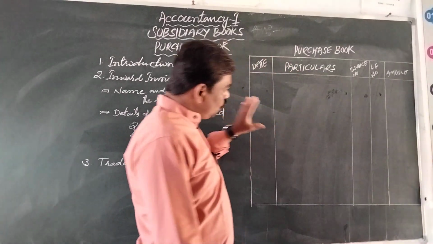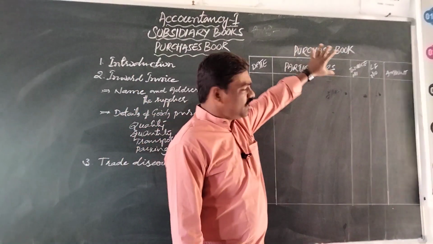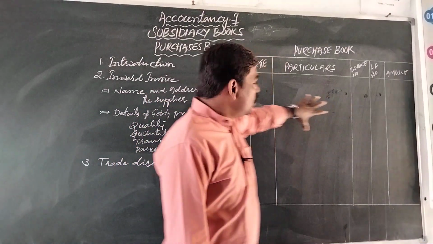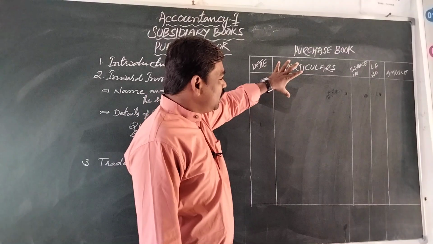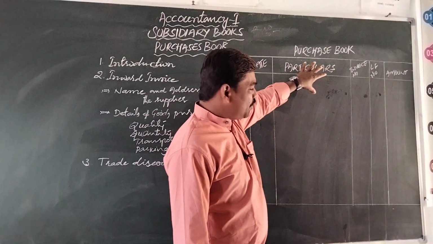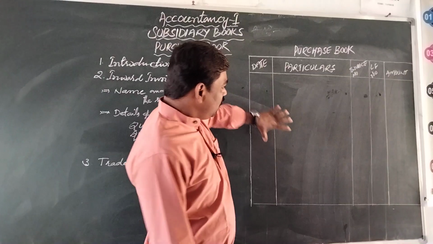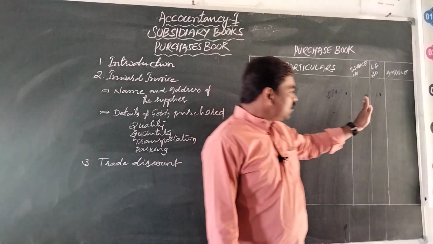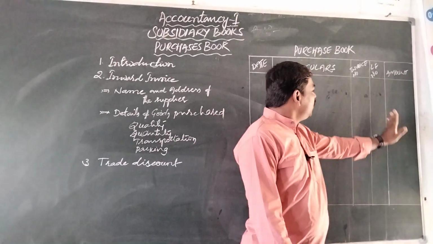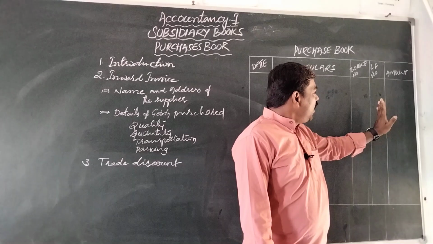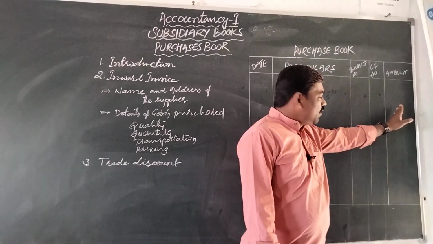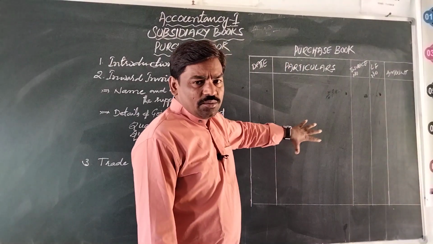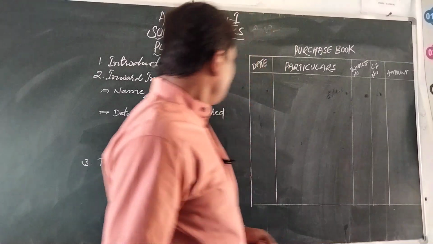On the top of the proforma you write Purchase Book, and there are 5 columns: date, particulars, inward invoice number, LF number, that is ledger folio number, and amount. In this way we can prepare the proforma.